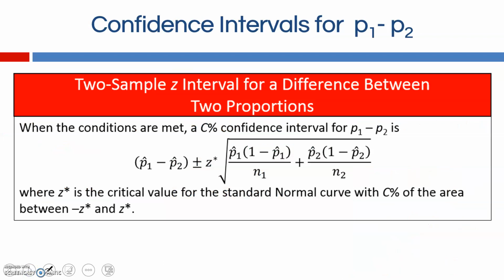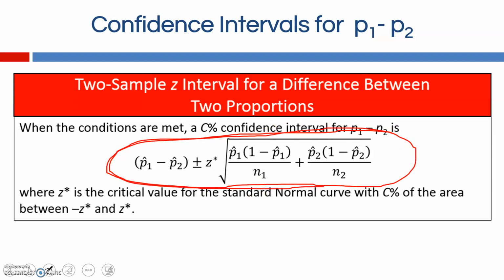Okay, so here is the full formula for what's called the two-sample z-interval for a difference of two proportions. So please definitely stop the slideshow and copy this down. This is a very, very important formula, and it helps us construct the confidence interval in full.